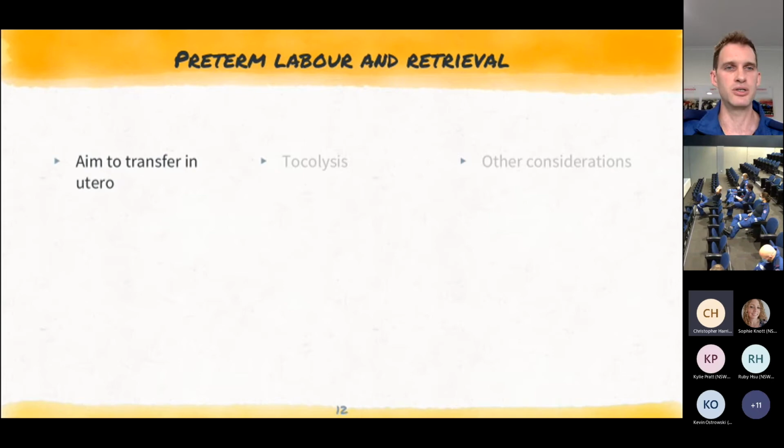The aim here is to transfer the mum and baby together, so the fetus in utero, to an obstetric centre, and particularly the younger or the earlier the gestation, the higher risk is accepted. So in the perinatal network guidelines, the term they use there is that you accept a high risk for birth en route, particularly for babies less than 28 weeks gestation.